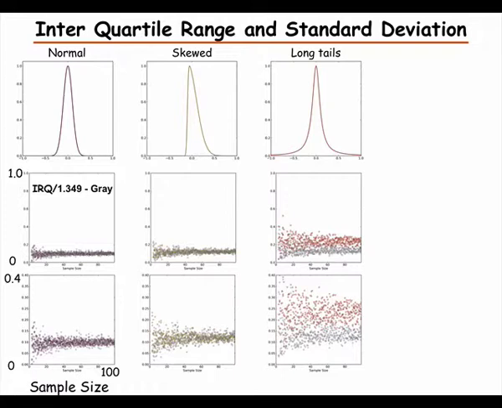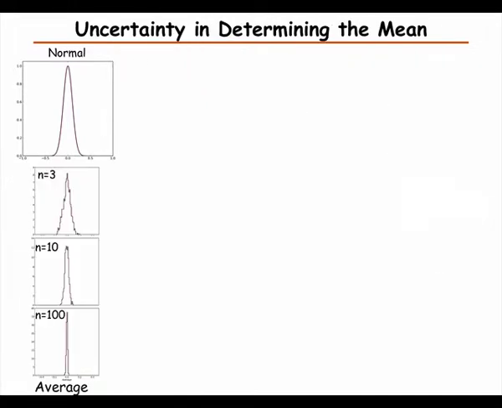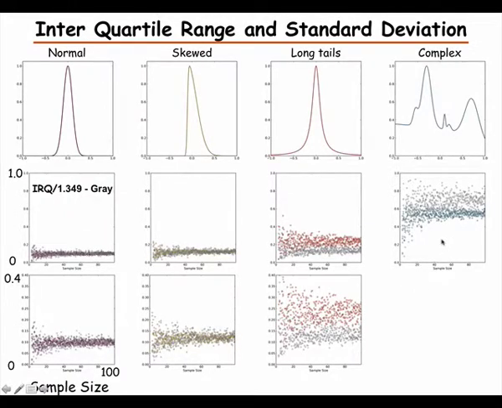For this distribution with long tails, the median was a much better measure. And then for the complex distribution, again we have that the interquartile range is a much worse measure than the standard deviation.